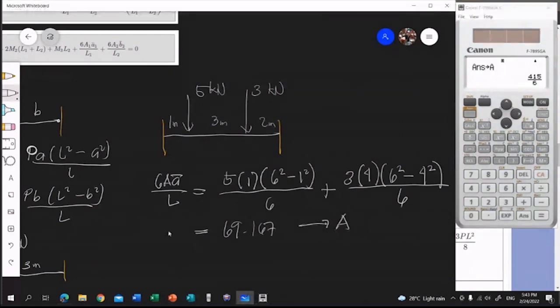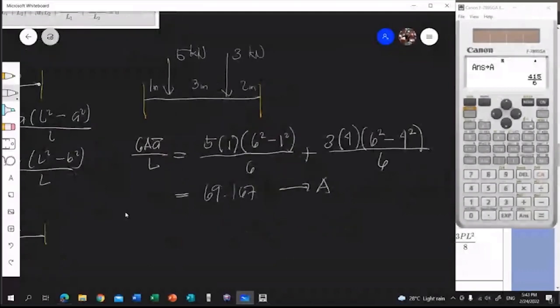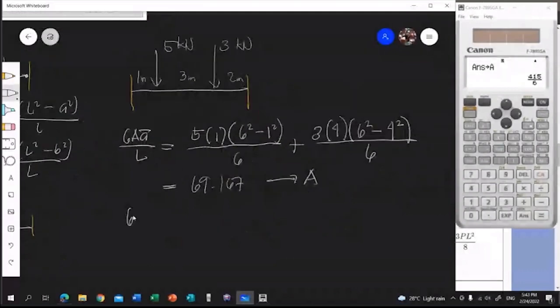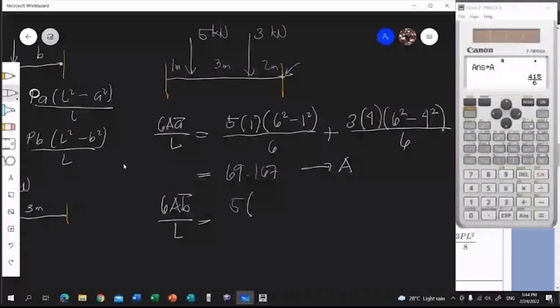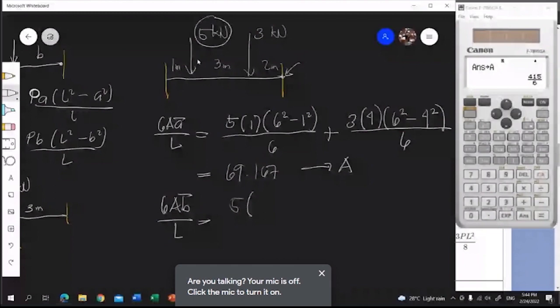So that is the value of 6AA bar over L. How about the value of 6AB bar over L? Now, this time, you need a reference. So your A, you start from this point. This time it becomes B. Additive reference will be used, or you can use A, as long as you start with an additive reference from this point. So 5 times 4, so its B is this distance, that's 4.